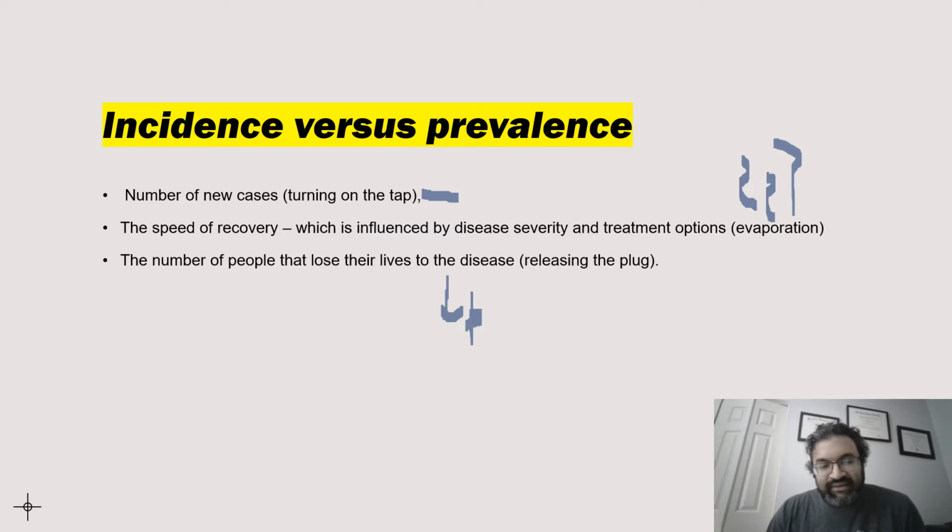So if more people are losing their lives, the bathtub water is not as much, and prevalence decreases.